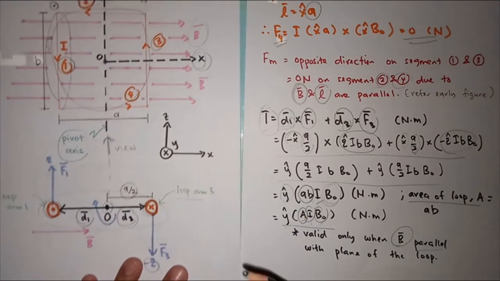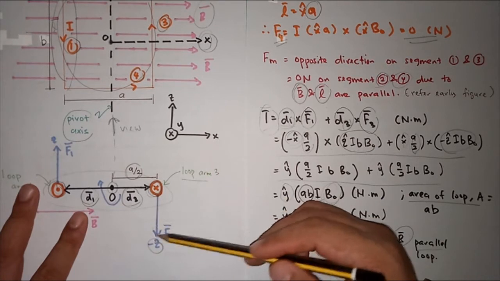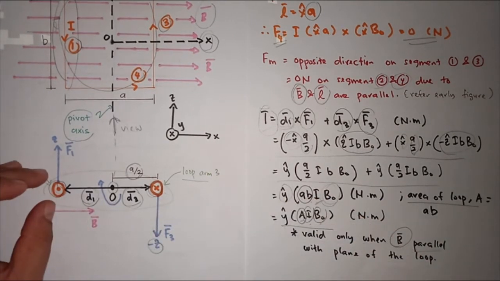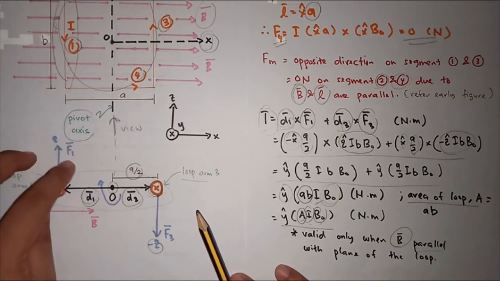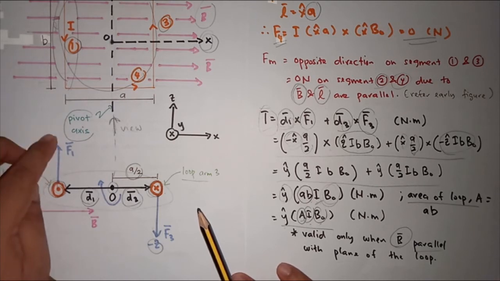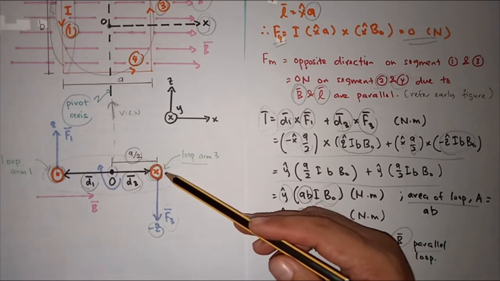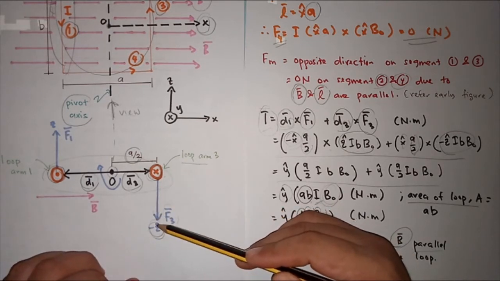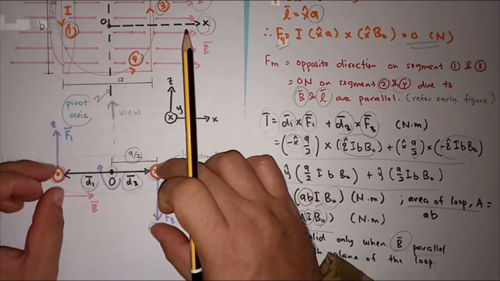So what will happen if we have this kind of force acting on each segment of the loop? As we derived just now, F1 acts in the z cap direction, and F3, the force acting on loop arm 3, is produced in the direction of negative z cap. So what will happen in this condition?